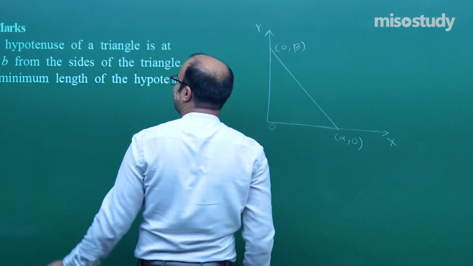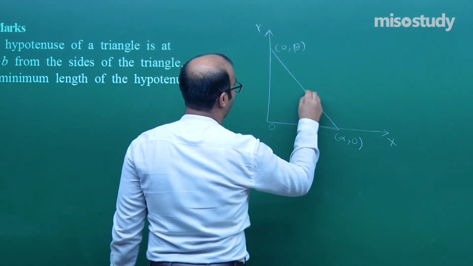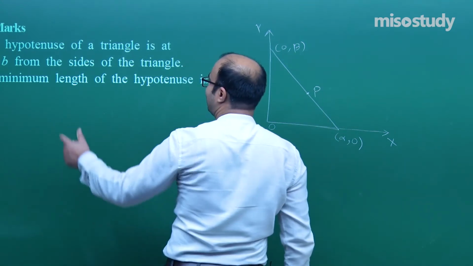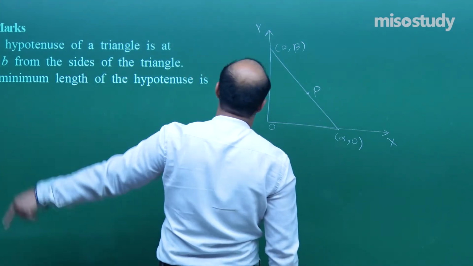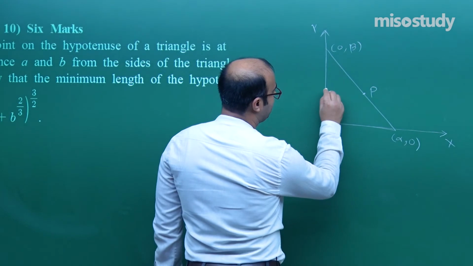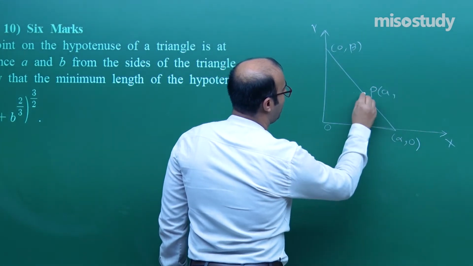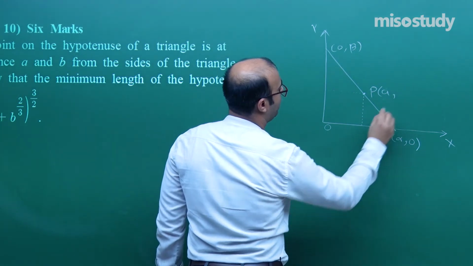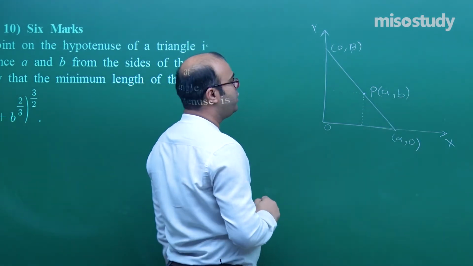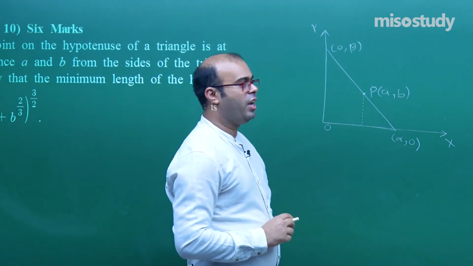It is saying that the point on the hypotenuse is at a distance a and b from the sides of the triangle. So, if it is at a distance of a from here, its x coordinate is a, and if it is at a distance of b from here, its y coordinate is b. So, on this line (a, b) is a point which is lying.